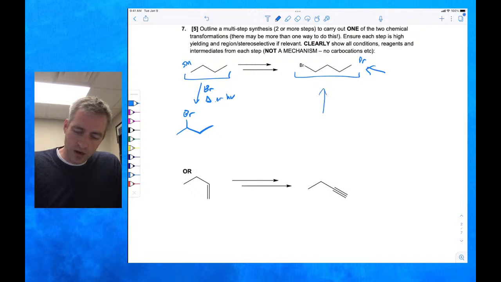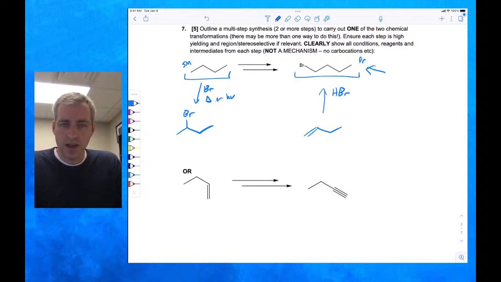So if we started with an alkene like that, we could add HBr. However, HBr by itself will add the other way around. It'll give the Markovnikov addition product. We want the anti-Markovnikov addition product, so what we could do is use HBr and peroxides, where R is just some alkyl group.